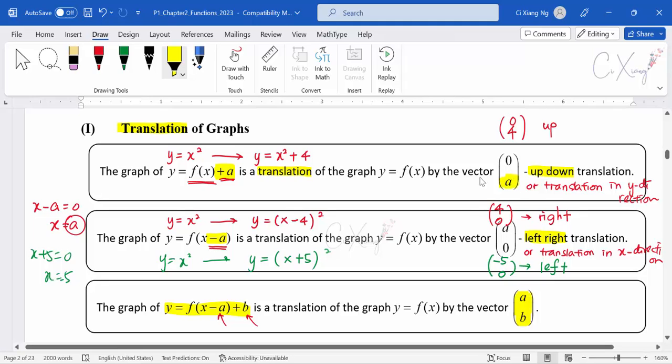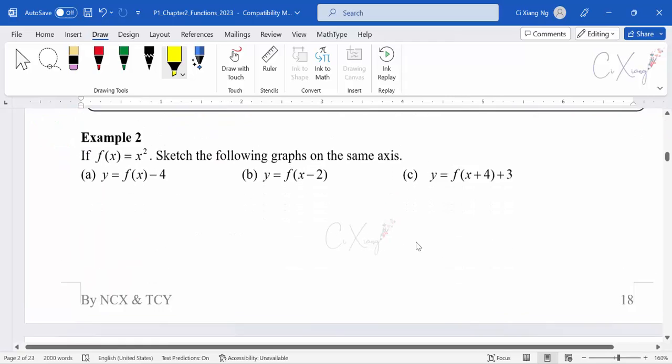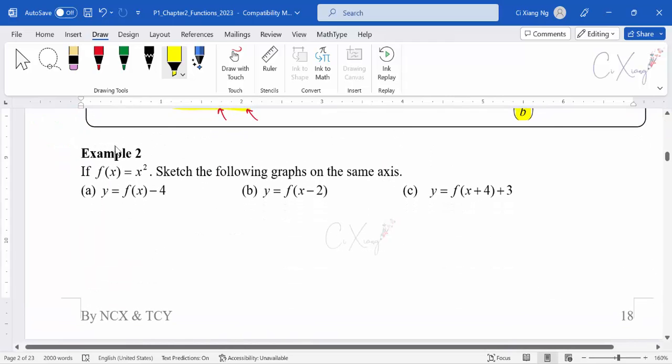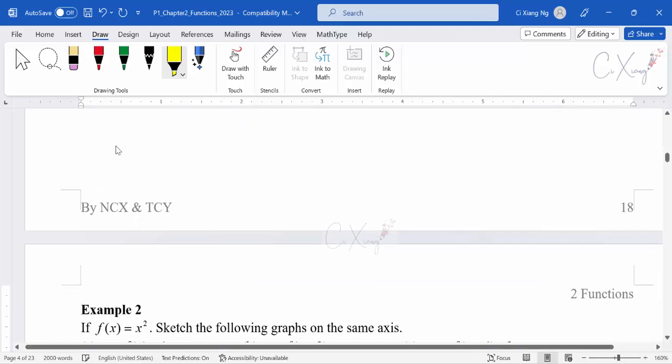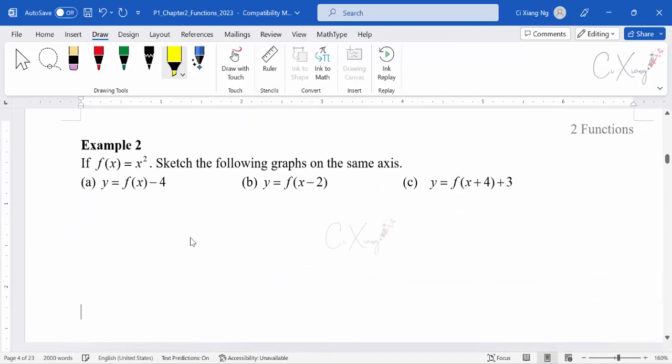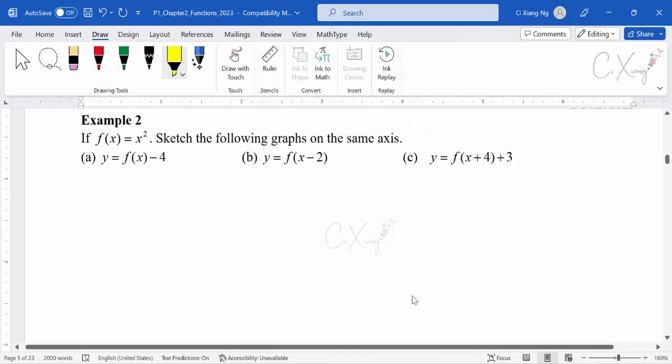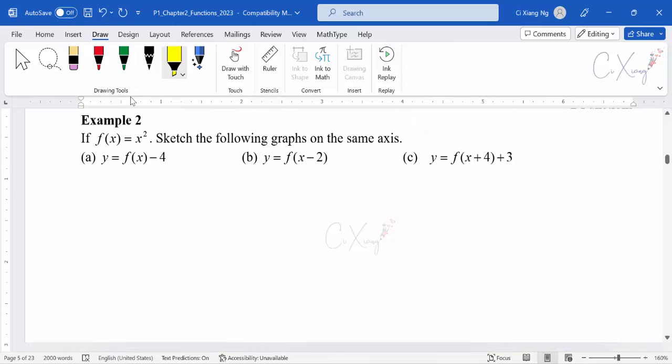Let's have a look at a few examples so that you roughly know how we are going to answer questions related to the translation part. Okay, let's have a look at example 2 in our notes. I think I need more space here. For example 2, they are saying that f(x) equals x squared.